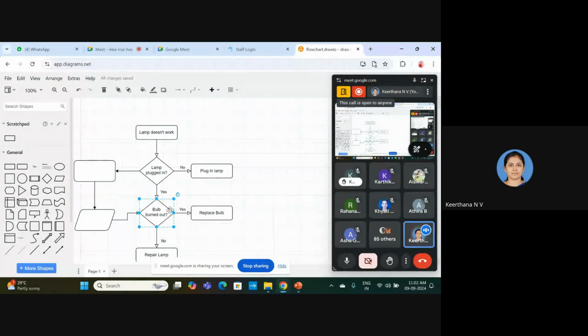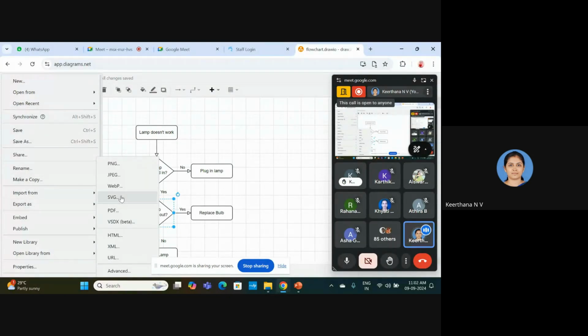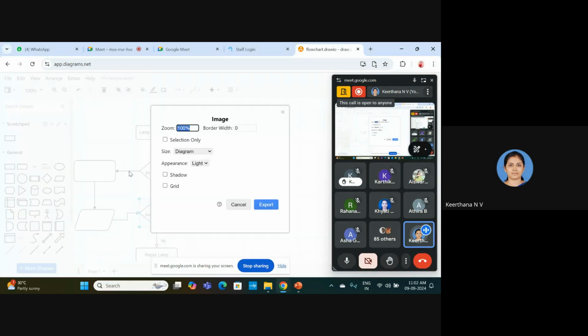If you want to export it as a JPEG image, just go to File, Export as JPEG, PNG or PDF format. Anything you can export. If you want more clarity in images, you can set it to 200% or 300%.